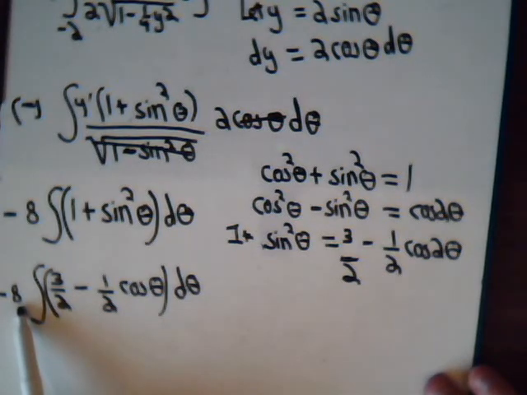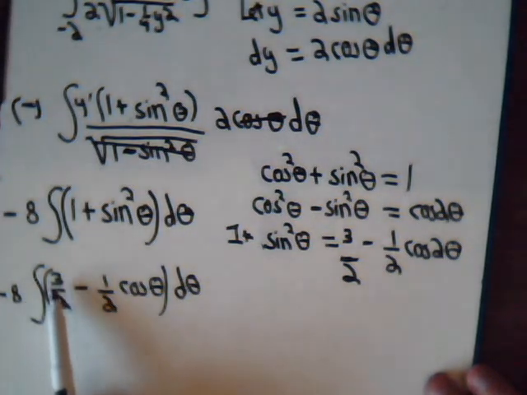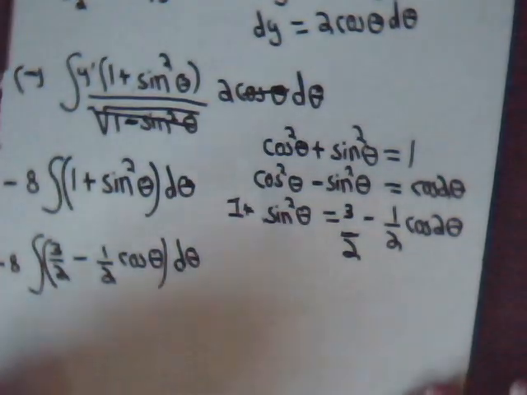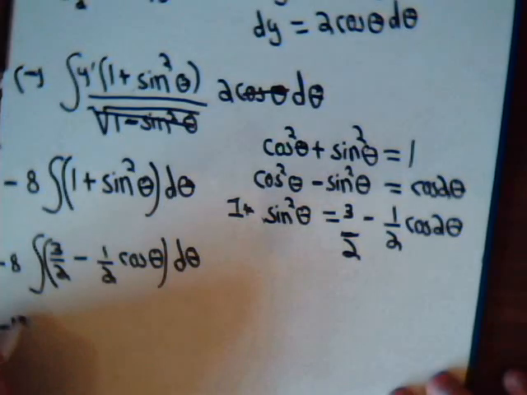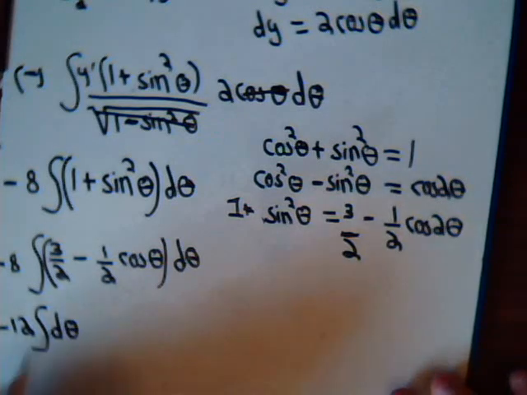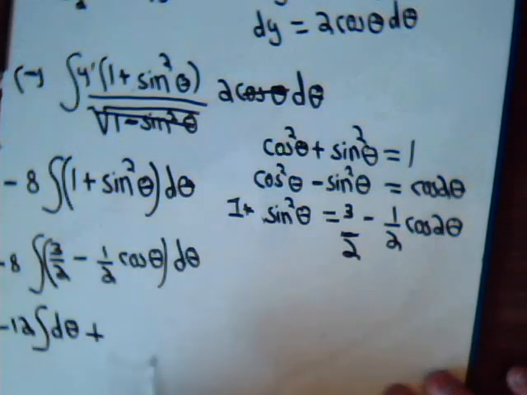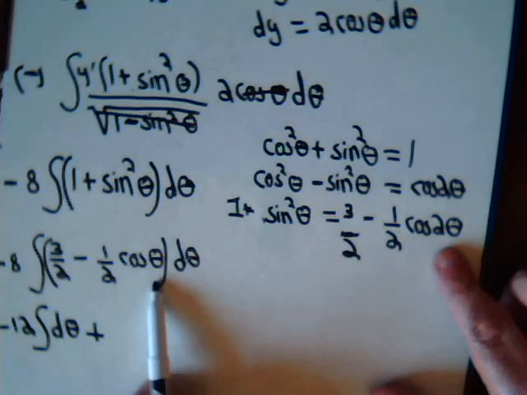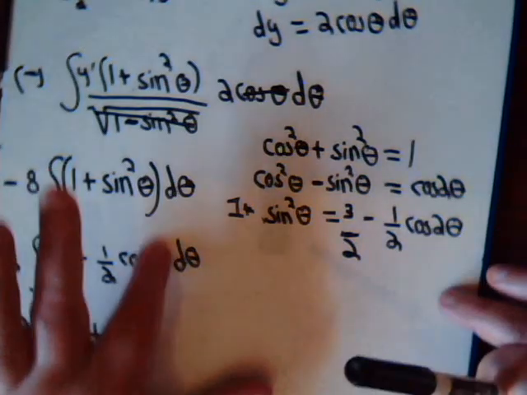Now this minus 8 times 3/2, that's minus 12. So we have minus 12 the integral of d theta, and then minus 8 times minus 1/2, that's, oh, this should be the cosine of 2 theta. 1/2 the cosine of 2 times theta.